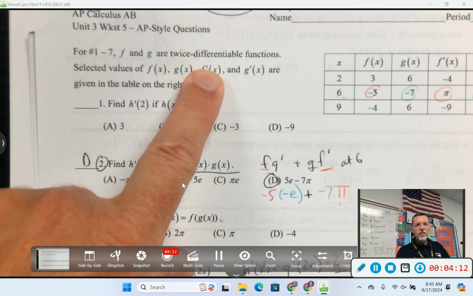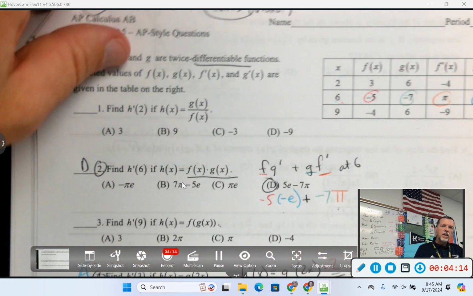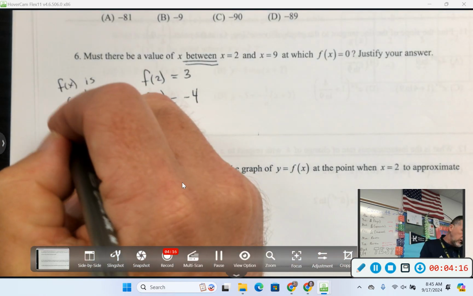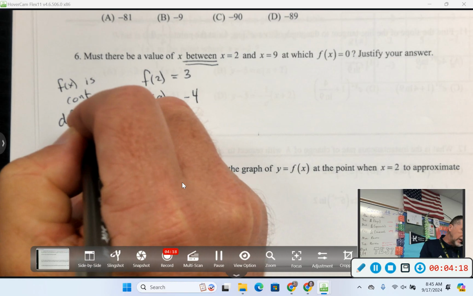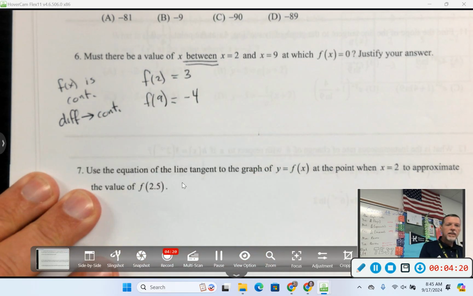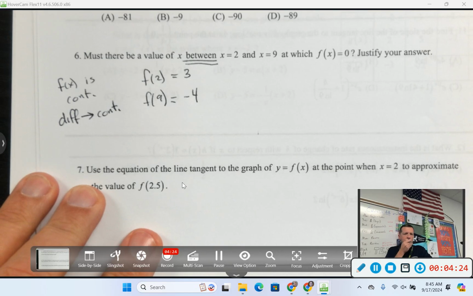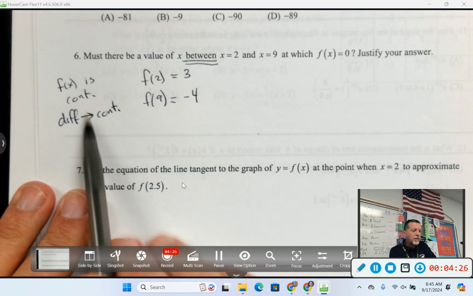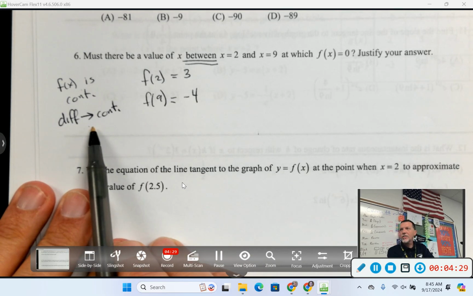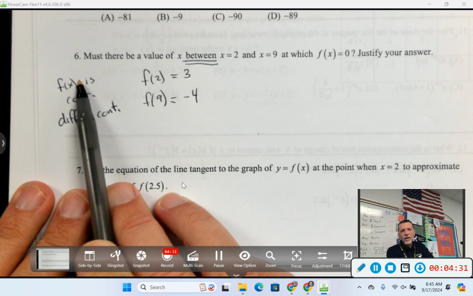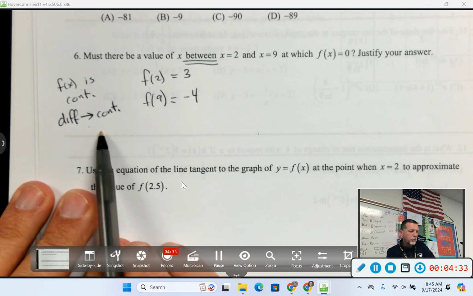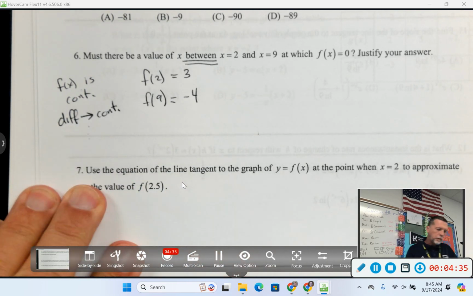If f is differentiable, differentiability implies continuity. You can't be differentiable without being continuous. So I would need these two statements to get my full answer correct. F is continuous. The reason I know that is because they told me that it was differentiable.